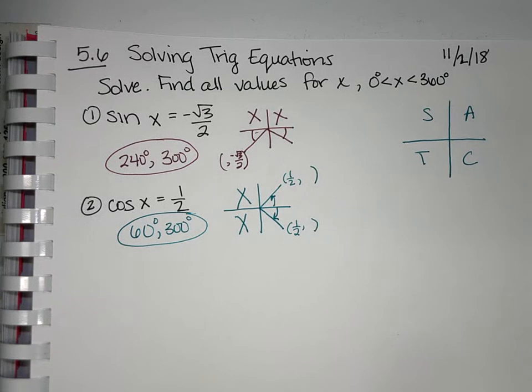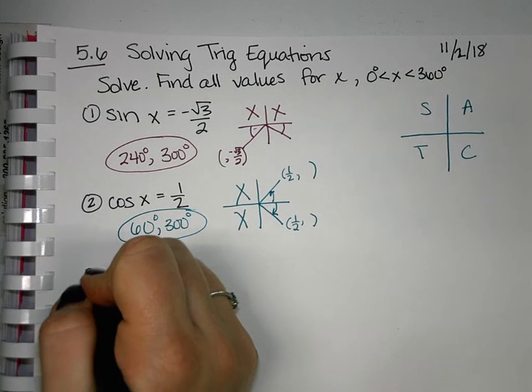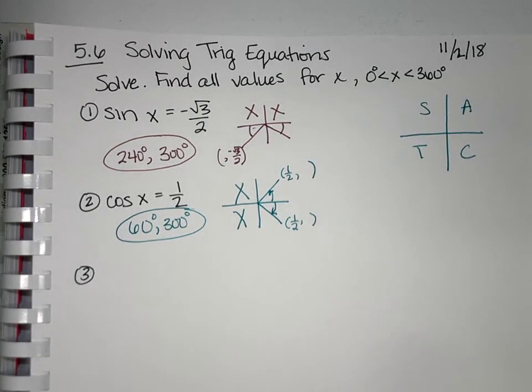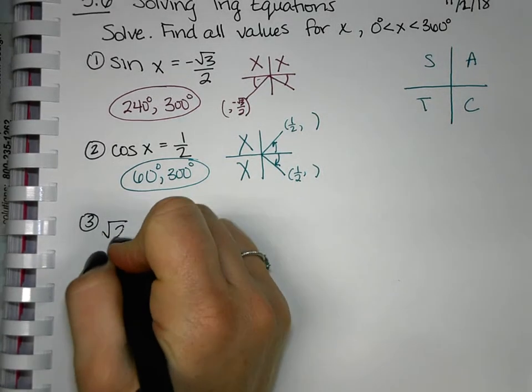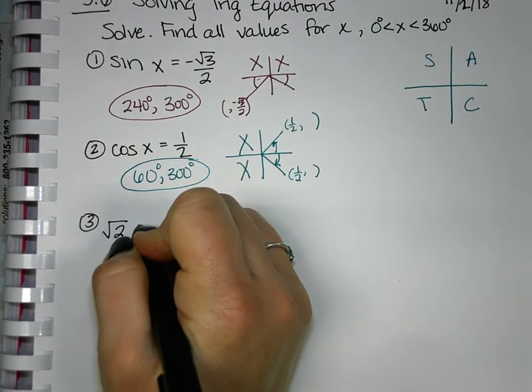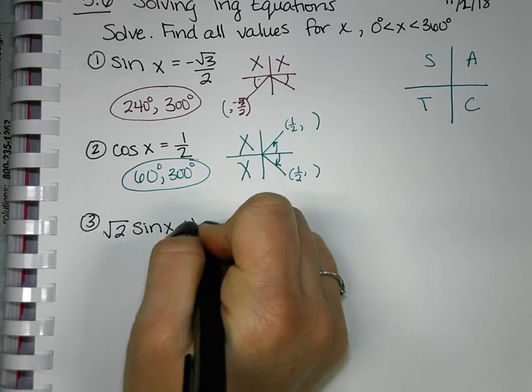Now, here's an example of how they're going to change slightly, and it's not in this part, it's in solving for the trig function. We're going to run into something like root 2 times sine x plus 1 equals 0.